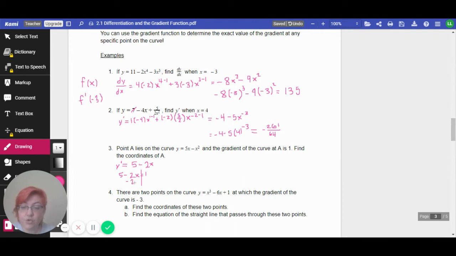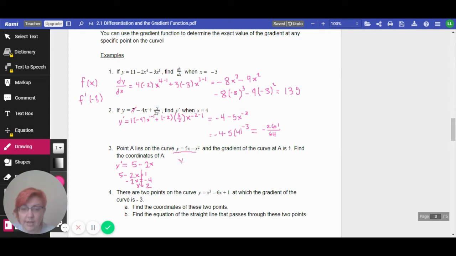So negative 2x equals negative 4. Divide both sides by negative 2, and I find that x equals 2.